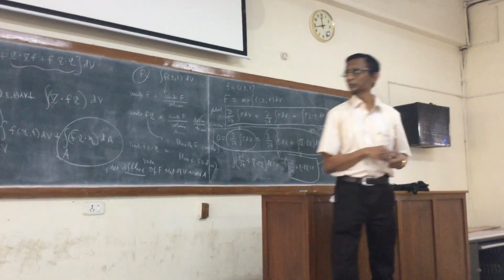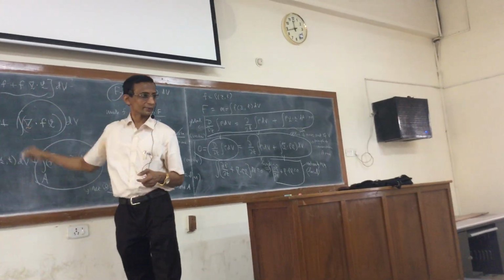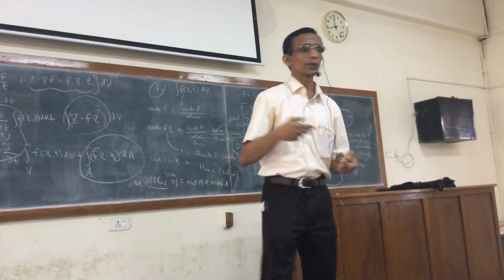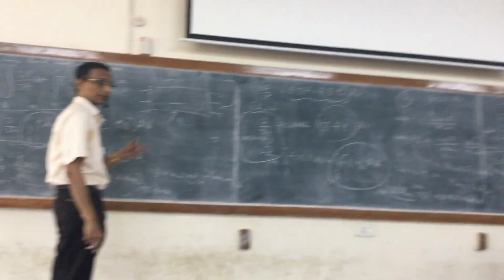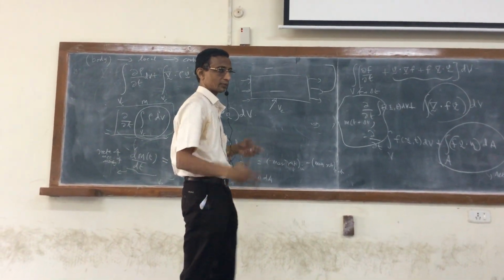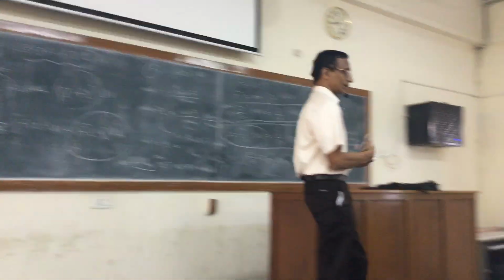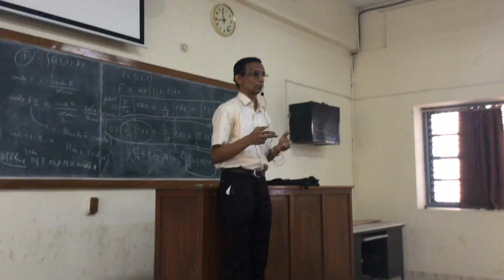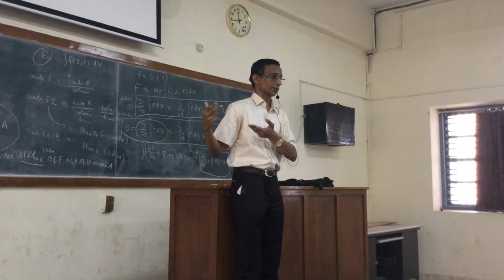Then what is the physical significance of writing it like this? It's not very clear because everything is a volume term. But when you write it like this, its meaning becomes clear. You can leave it like that. When you write it in different forms, some have an easier physical interpretation. We all know the rate of change of mass within the control volume, that is the rate of accumulation of mass, is equal to the net rate of in minus out.